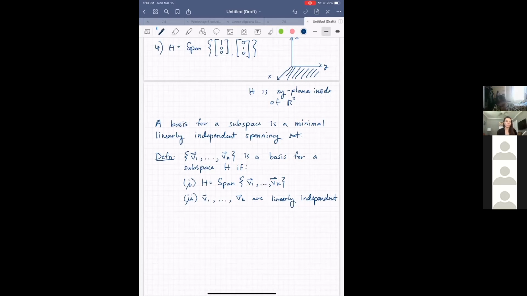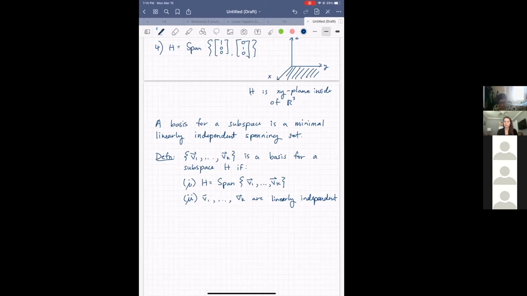And we also won't have vectors in there that can be written as linear combinations of some of the others. So there's a sense in which this is the smallest possible set that we can write because we're requiring that they be linearly independent. So we don't have any redundancy in our list of vectors, basically.